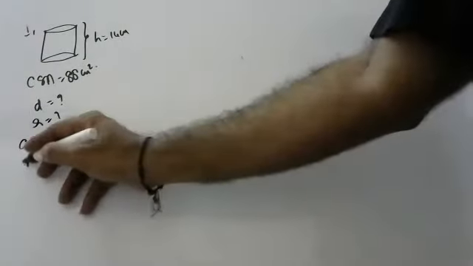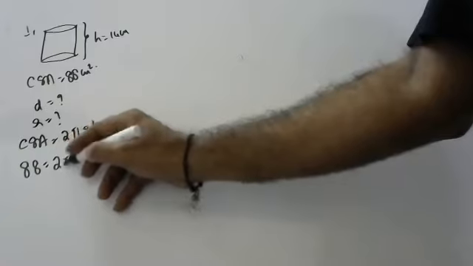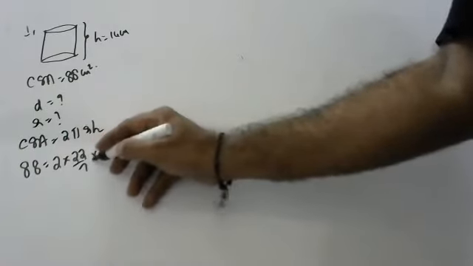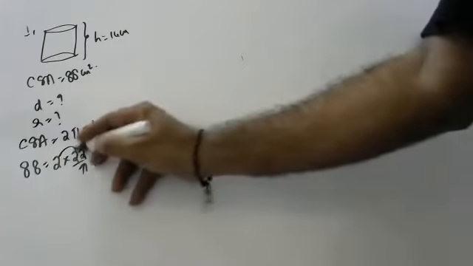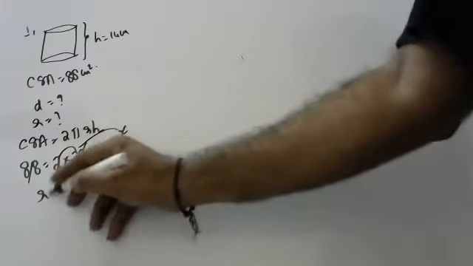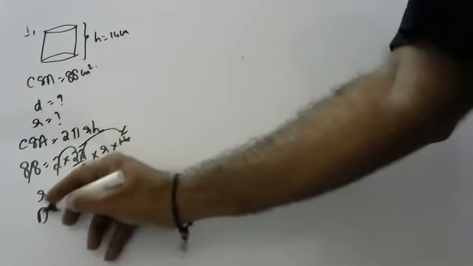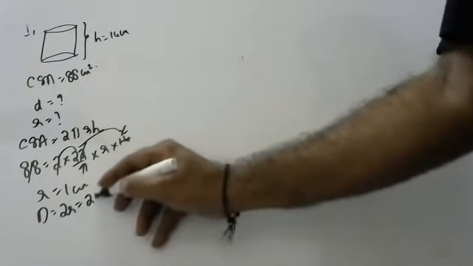CSA equals 2 pi r h. 88 equals 2 into 22 by 7 into r into 14. 7 into 14, 22 into 4 is 44, 44 into 2 is 88. So radius is equal to 1 centimeter and diameter is equal to 2r, that is 2 centimeters.